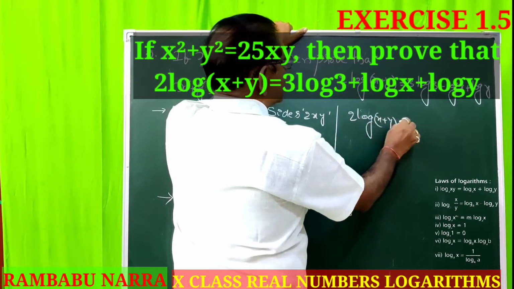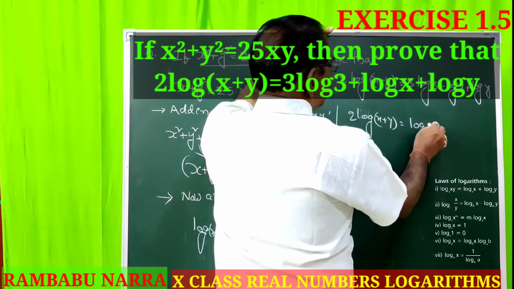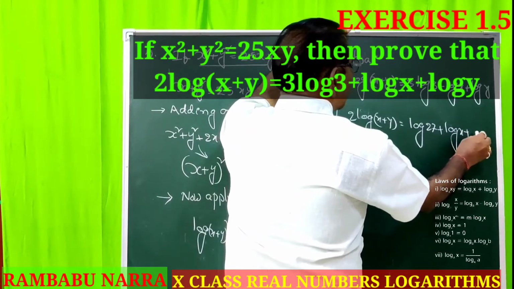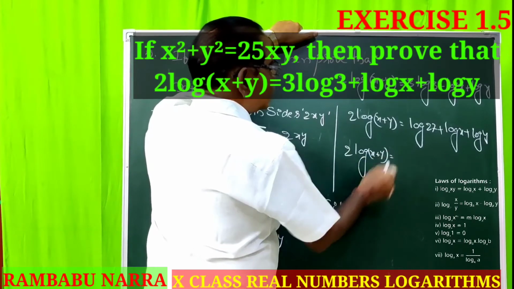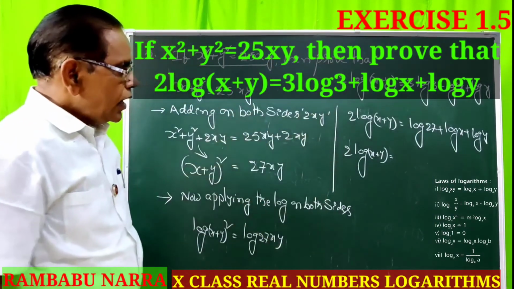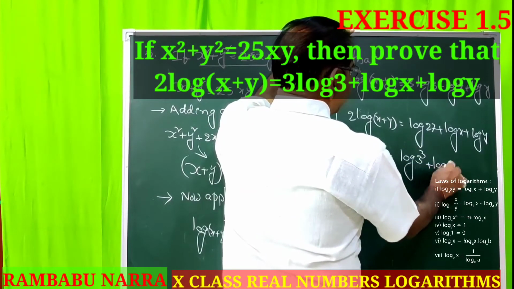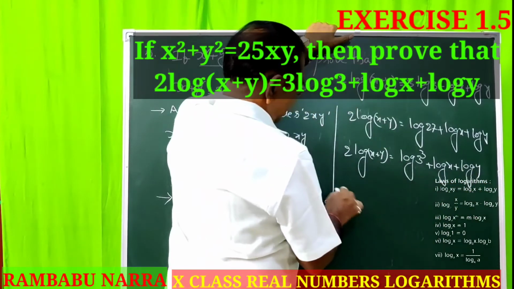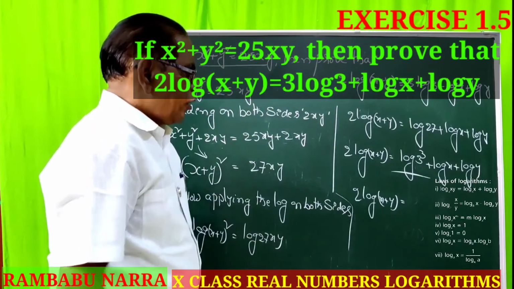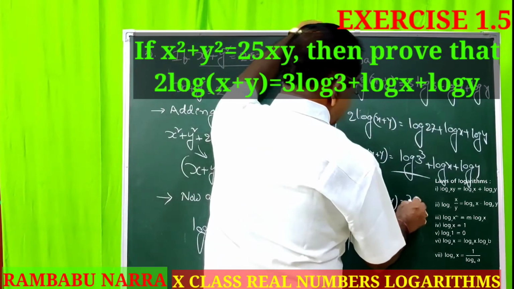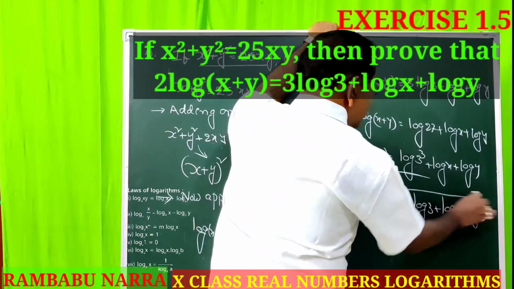For the RHS, the expansion is in the form log abc: log 27 plus log x plus log y. 27 can be written as 3 cube, so log 3 cube is 3 log 3. Thus 2 log (x plus y) equals 3 log 3 plus log x plus log y. Hence the problem is proved.